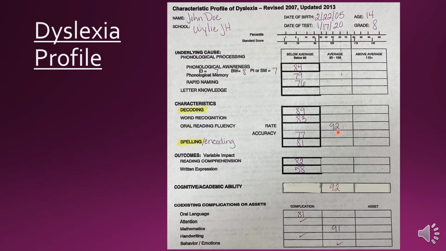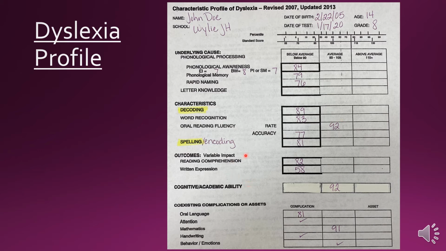So just because you find out that you have dyslexia, it's not the end of the world, okay? There are wonderful interventions, and we have some wonderful teachers in our district who do amazing things with our kids who are identified with dyslexia. So it's not the end of the world, okay?